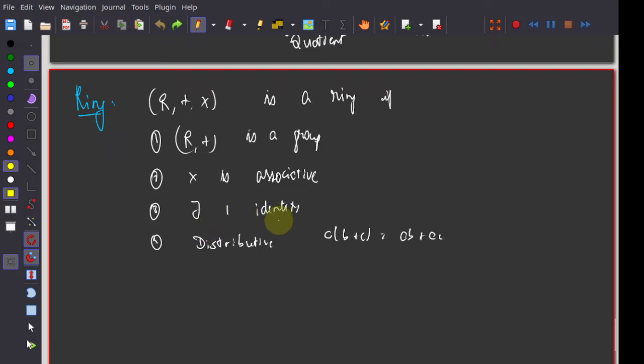There exists a multiplicative identity, and there's distributivity. This is all that we require. We don't require every element to have an inverse. So the set of integers certainly forms a ring.